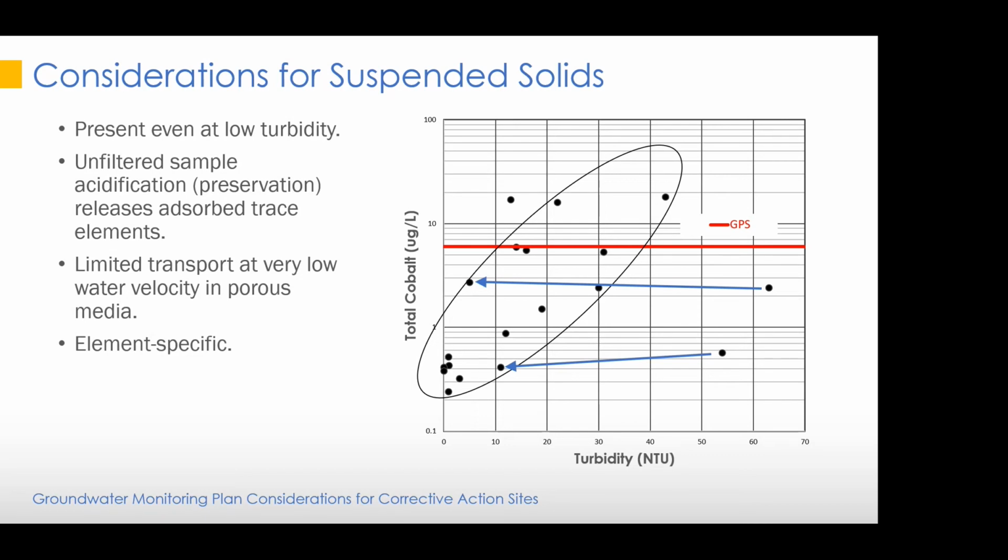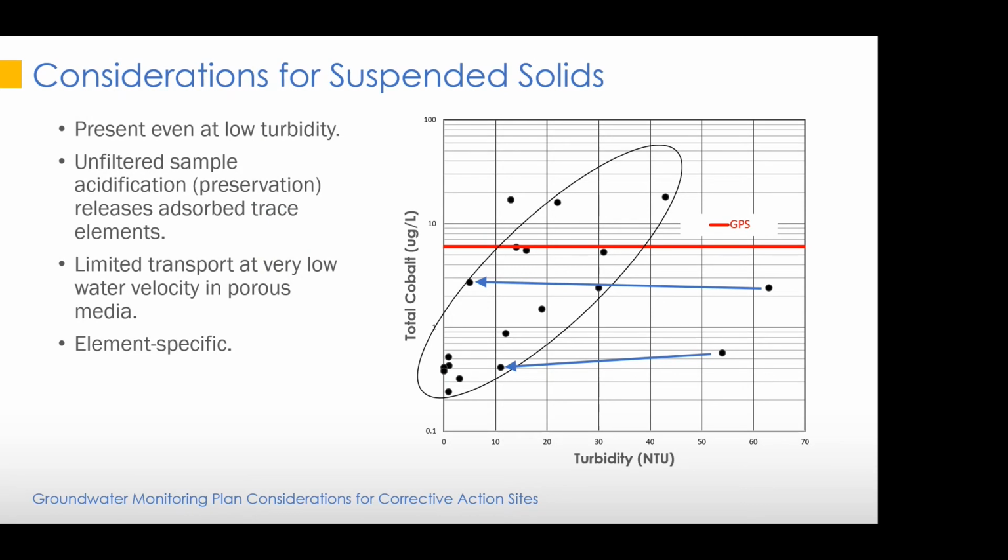The blue arrows indicate a couple of wells where an earlier sample that had met the stabilization criteria had relatively high turbidity, but a later sample came back with much lower turbidity, and you can see in this case, these wells were not in areas where you're talking about cobalt.